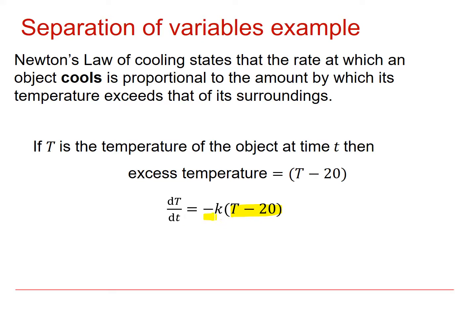Minus because it's cooling, so I want this k, this constant of proportionality, to be a positive value. The additional information that we had was that initially, so that's t equals 0, it starts out at a temperature of 80 and it cools at a rate of minus 5, and that's degrees C per minute.